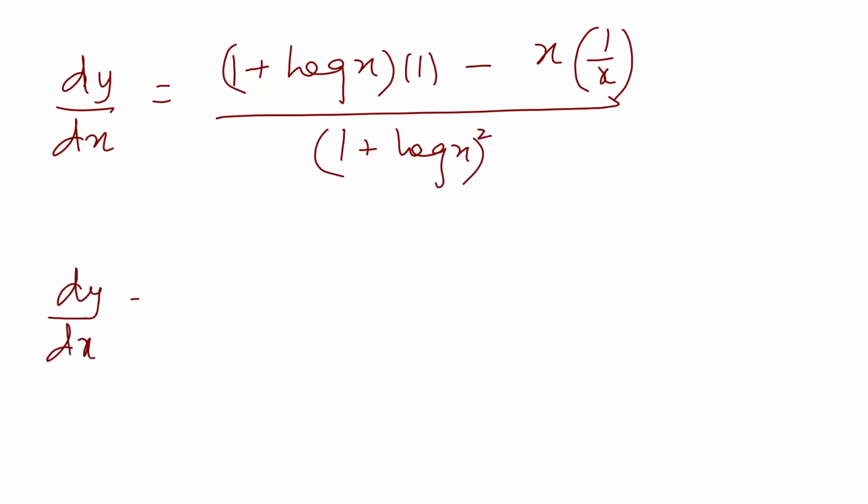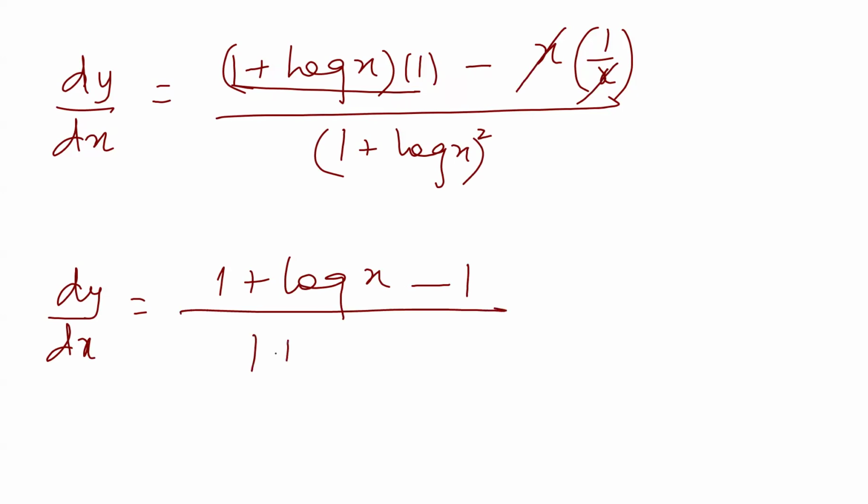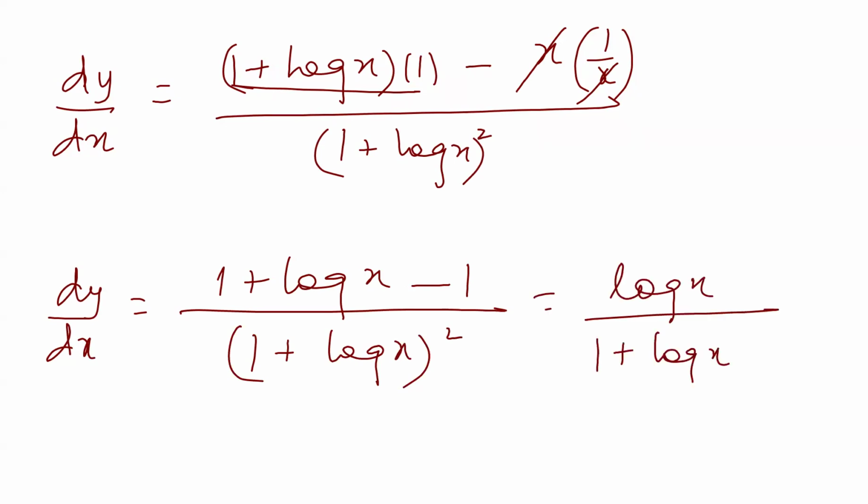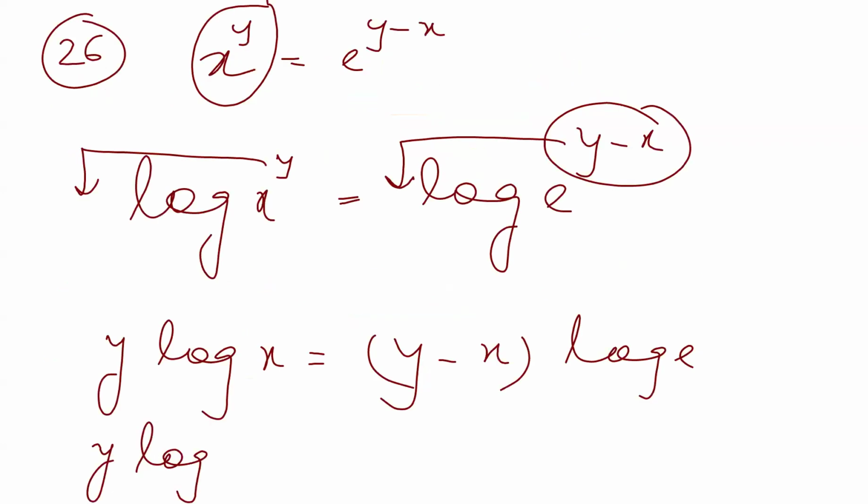So (1 plus log x) into 1 is 1 plus log x, minus this x and this x getting cancelled, upon (1 plus log x) the whole square. So this is equal to log x upon (1 plus log x) the whole square. Let me check. I find some discrepancy in this particular solution. Somewhere I have copied something wrong. Let me go back and verify.